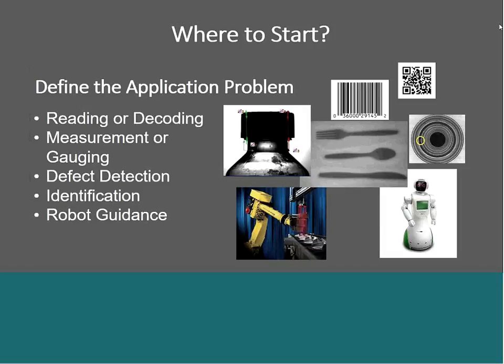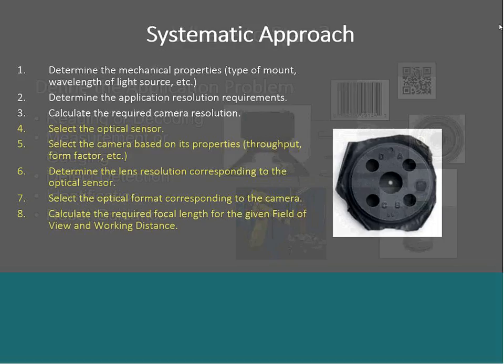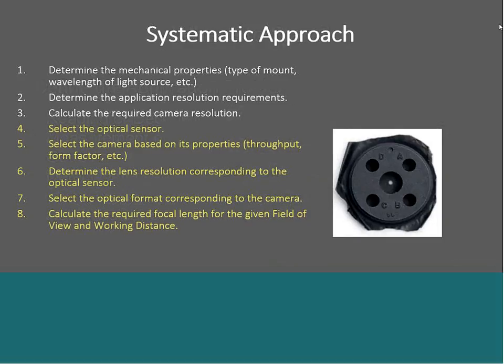We're going to assume for this discussion that all of that has been taken care of, and we're just going to use a systematic approach after we've taken a look at our application. So to select the lens now, all attributes notwithstanding, the first step is to determine the mechanical properties of the lens. So what type of mount, the wavelength of your light source, that kind of thing.